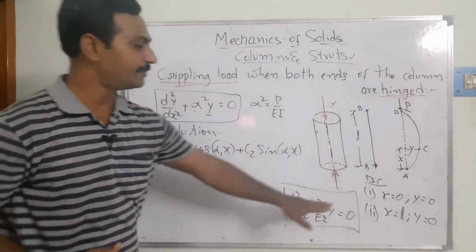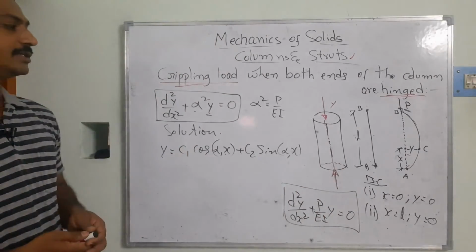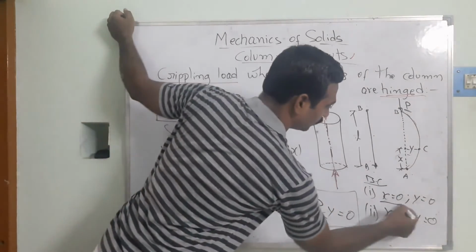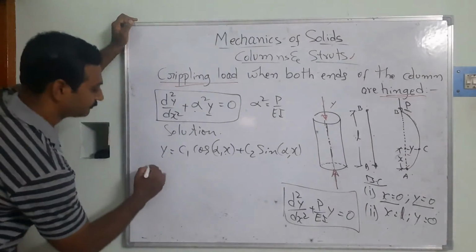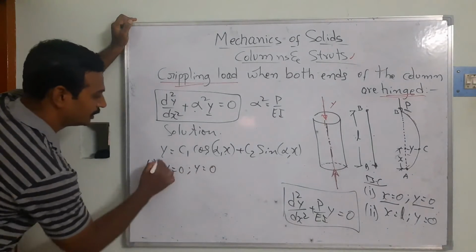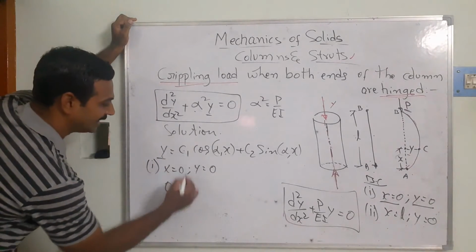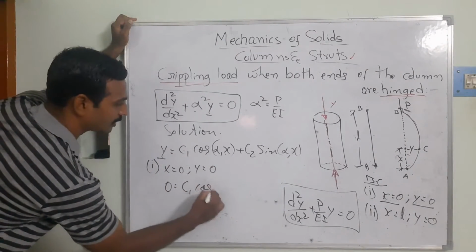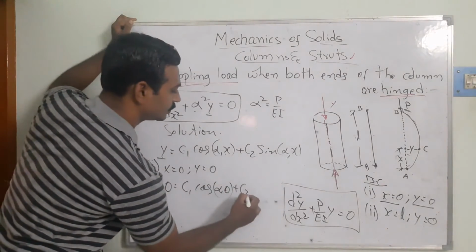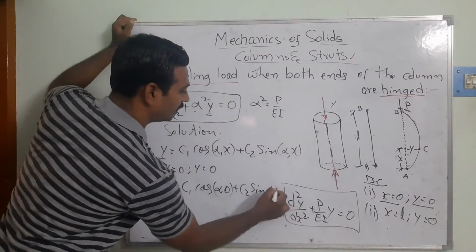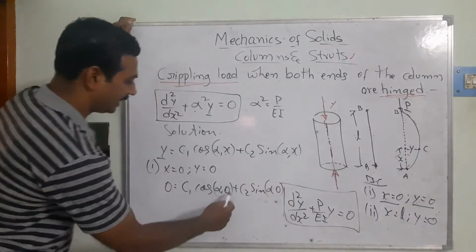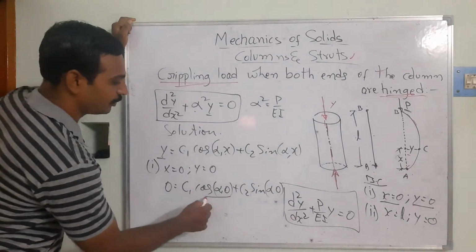So now I am going to substitute 1 and 2 in this equation. For the first boundary condition, x is equal to 0, y is equal to 0. So y is equal to 0 here, and this is c1 cos(alpha times 0), plus c2 sin(alpha times 0). So this is cos 0, and this is sin 0.